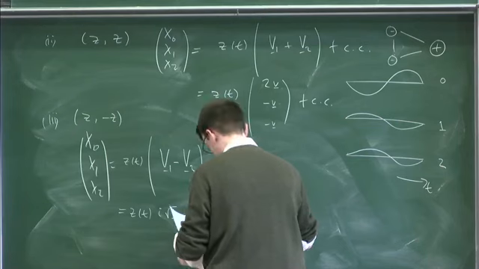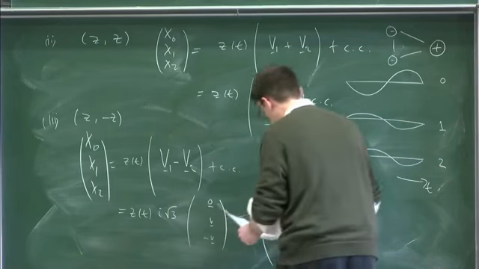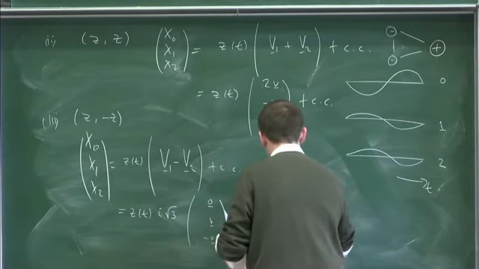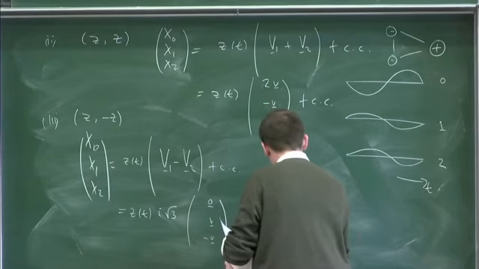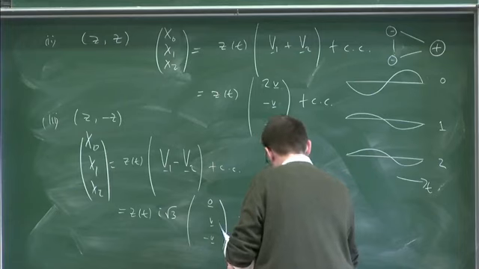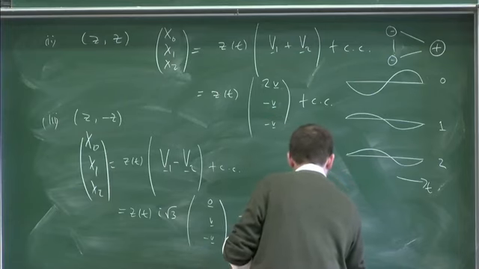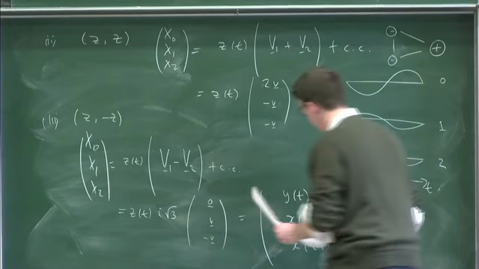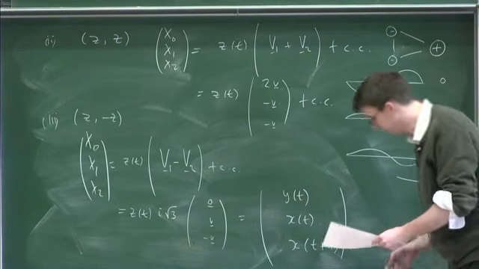There are some nonlinear terms to put into all this, but if this is some waveform y of t, then it's not obviously connected to x of t, but this one must be a waveform that looks the same but is just pi out of phase with it.